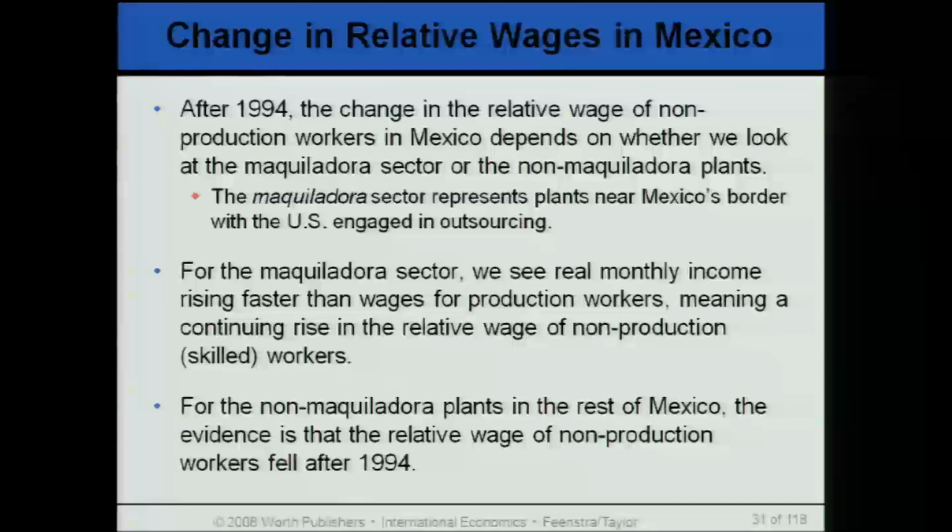For the non-maquiladora plants, which are far away from the border, the evidence is that the relative wage of non-production workers has fallen after 1994. So for Mexico we see a rise in the wage of the skilled workers, but only for a particular group of industries which are closer to the border of the United States.